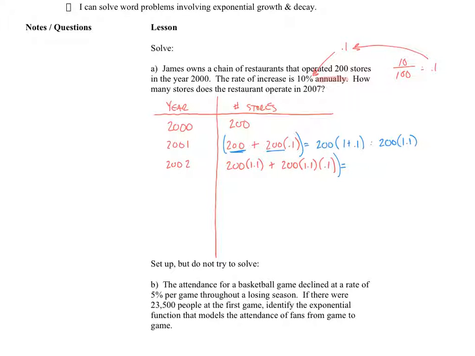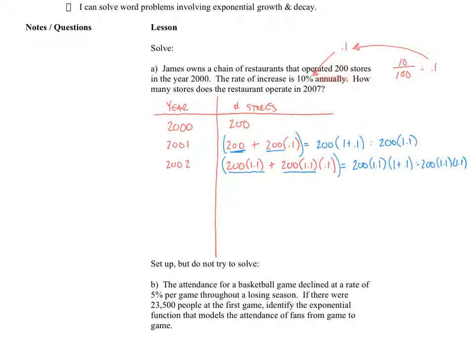But I can factor all this by grouping and make it look a lot nicer. There is a 200 times 1.1 in each of these terms. So I can factor out a 200 times 1.1, and that's going to leave me with 1 plus 0.1, which is 200 times 1.1 times 1.1.